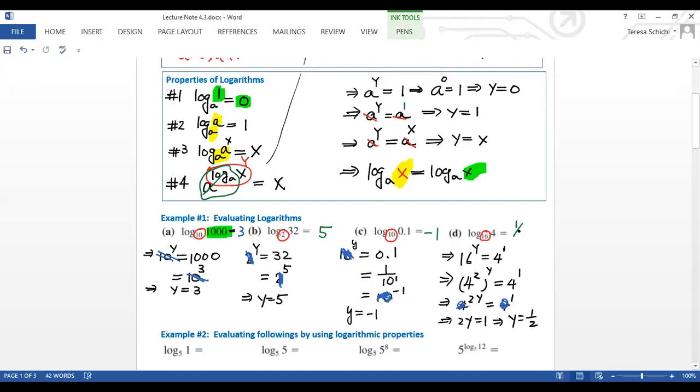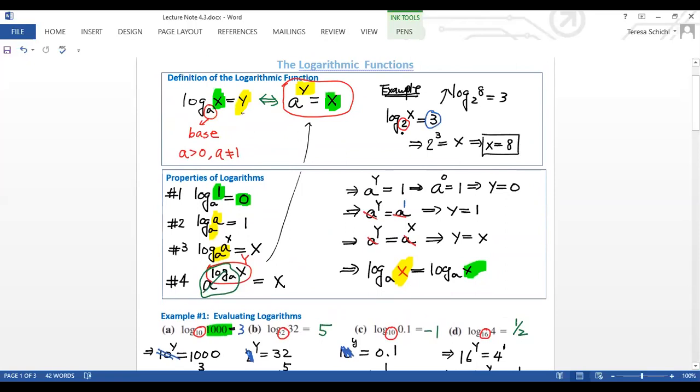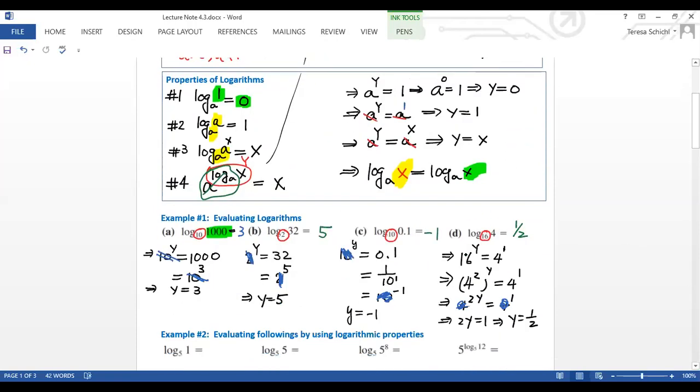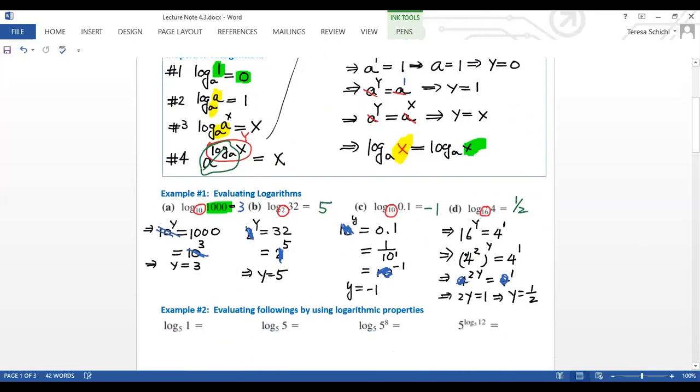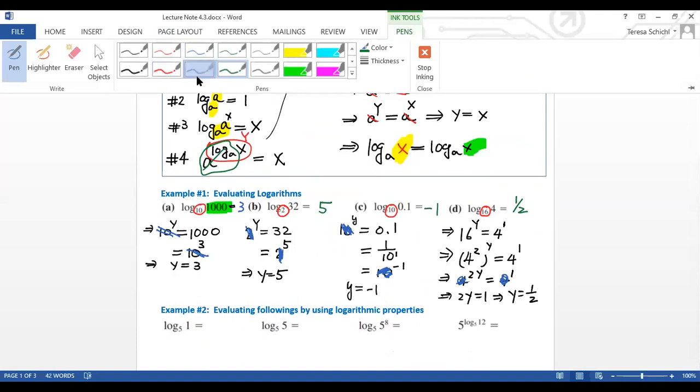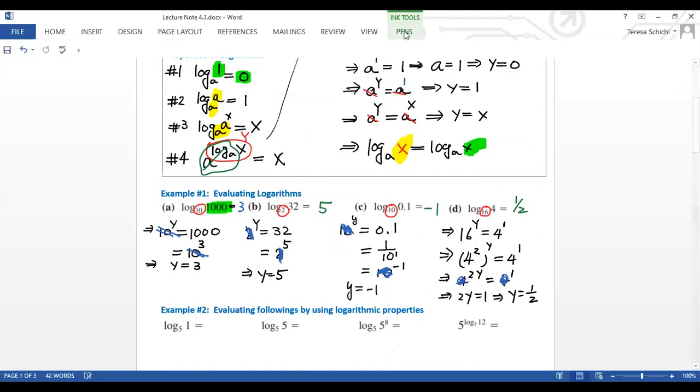So how to find the log function values is very important, right? You need to basically use the exponential to try to find it. Okay, now the next example: evaluate the following by using the logarithm properties. Let's see what the logarithm properties are.